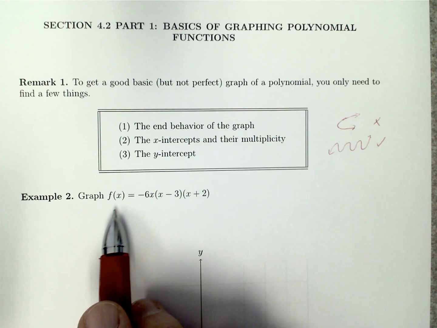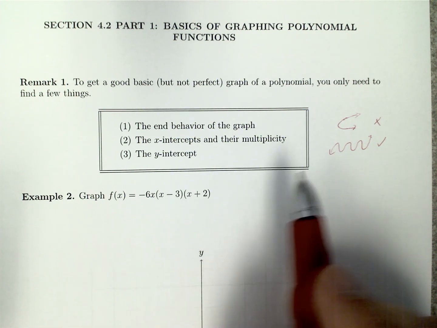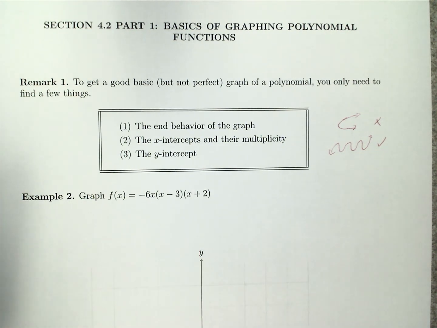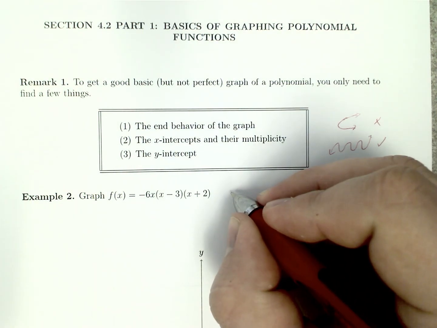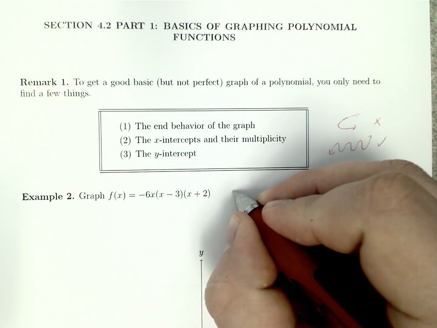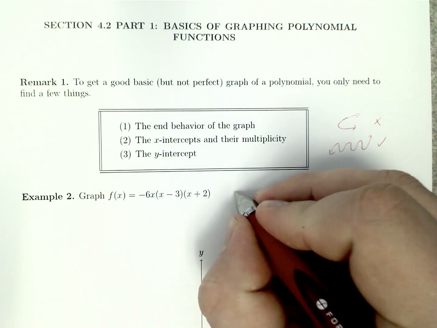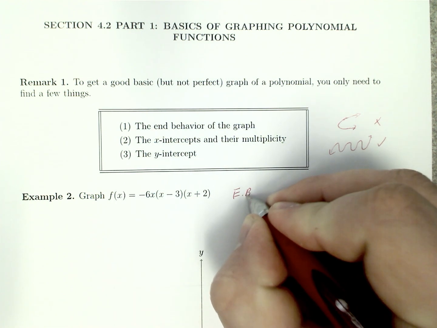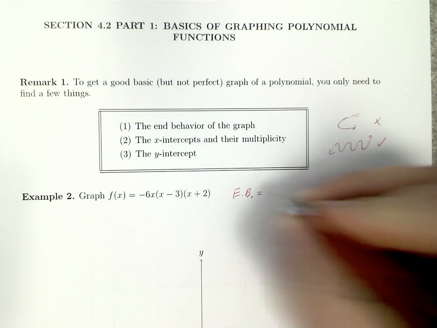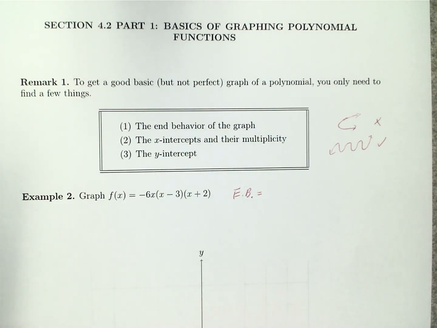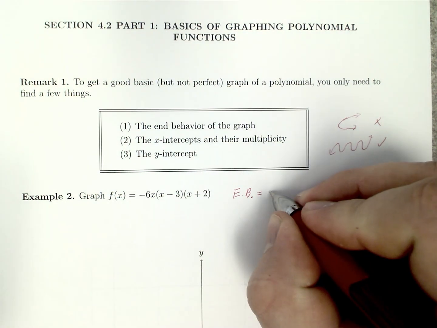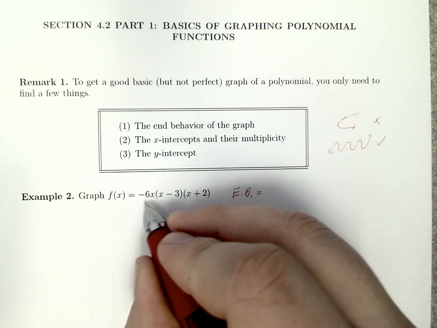So let's see what we can do here. We're trying to graph this function, negative 6x times (x minus 3) times (x plus 2). We want to find the three things, so let's start with end behavior. This is something we started discussing in the last section. We need to look at the leading term of each factor.